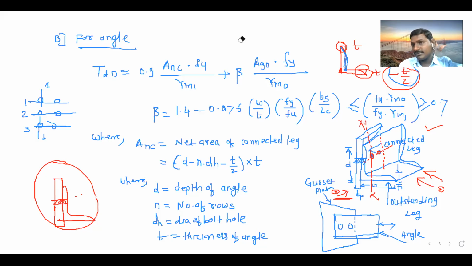Please respond. If you are not getting it, please tell me. I will explain once again, but respond. Okay, so due to this average thickness, we have deducted this T by 2.